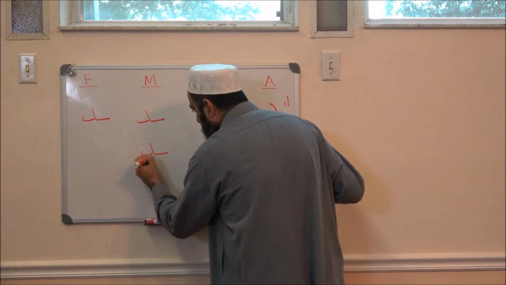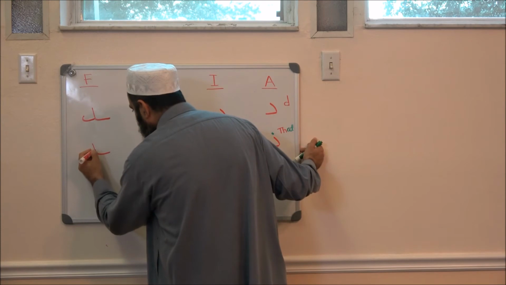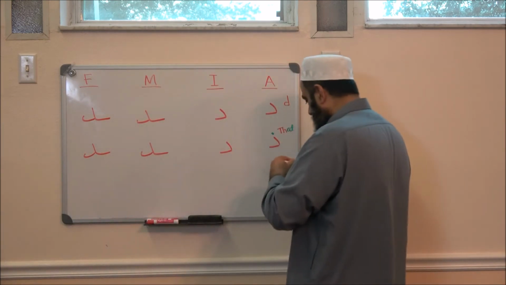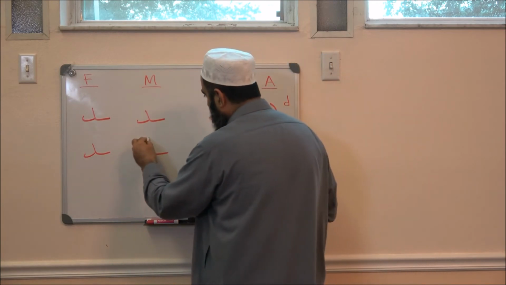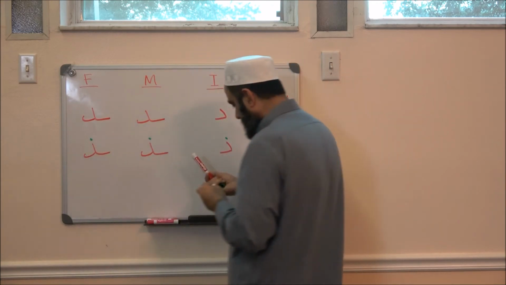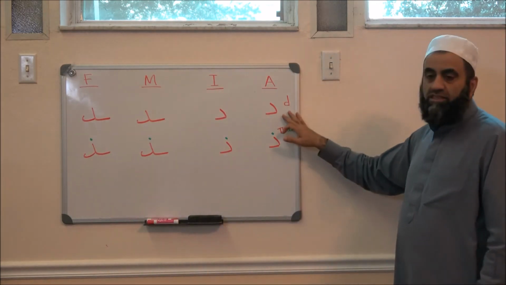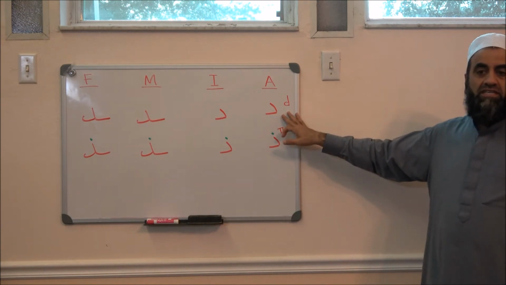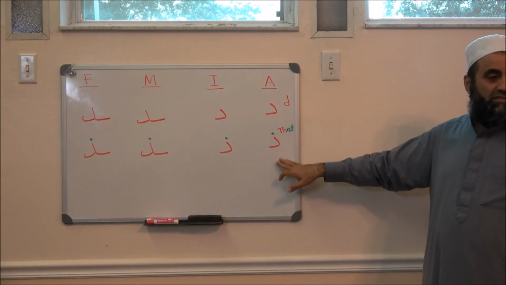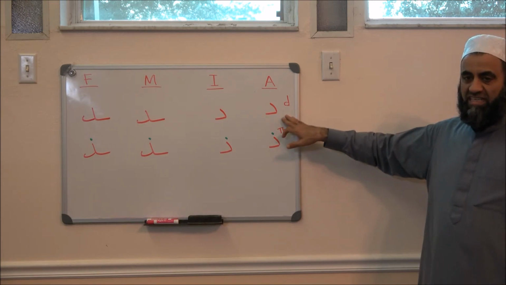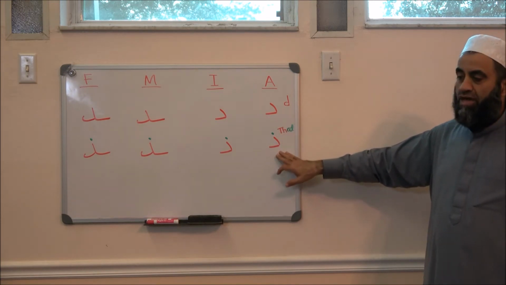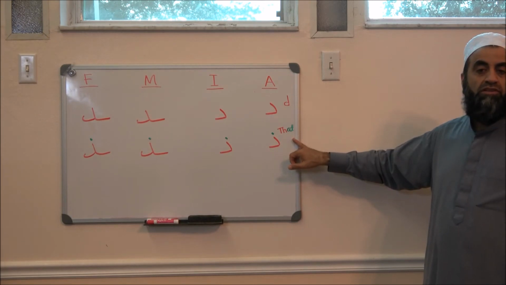It's identical. And here is my dot. So this is da, and this is dha. Da, like David more or less. Dha, like the TH in the word that.